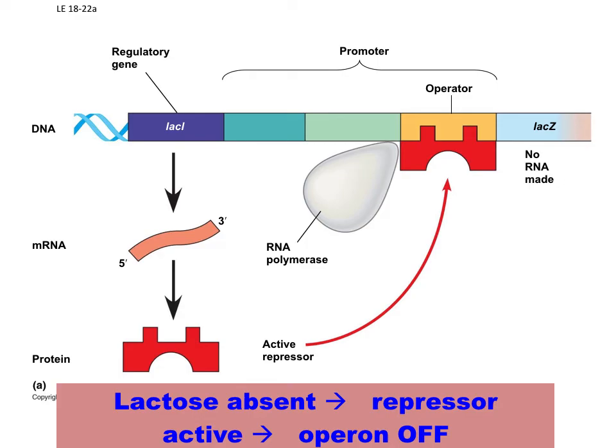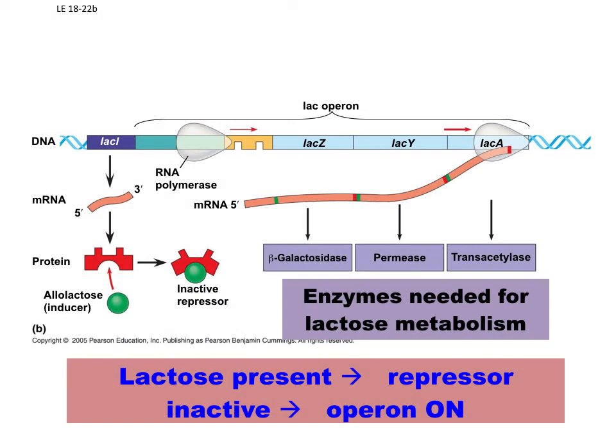If lactose is present, though, a version of lactose acts as the regulatory metabolite and binds to the repressor protein, and because of induced fit, it turns into the inactive version of the repressor. So when the repressor protein is bound to lactose, it cannot bind to the operator. That means RNA polymerase can get past the operator. It can transcribe the structural genes within the operon.